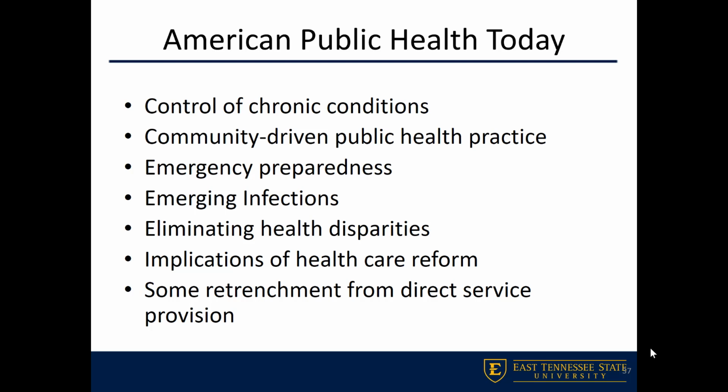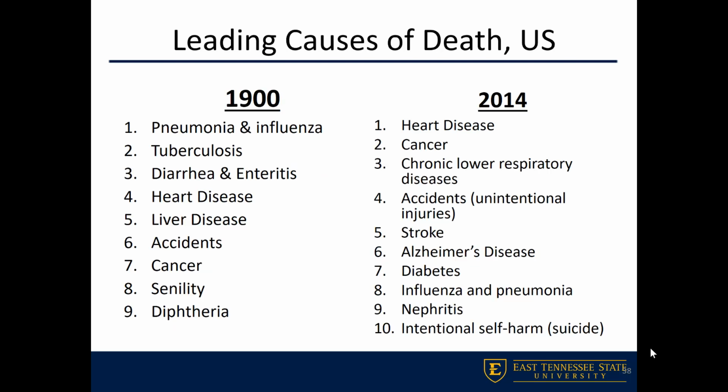And then here are the other lists of things that make up public health today. When we look at these two lists of the leading causes of death, we can see that the first 3 in 1900 were infectious diseases and diseases of infancy.